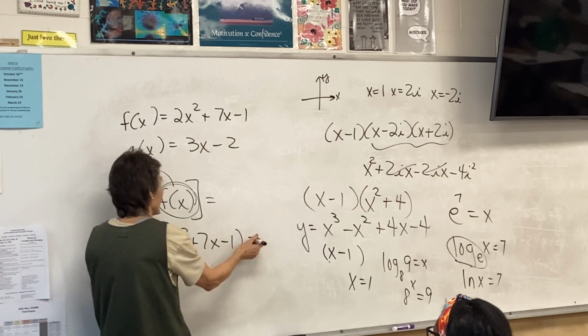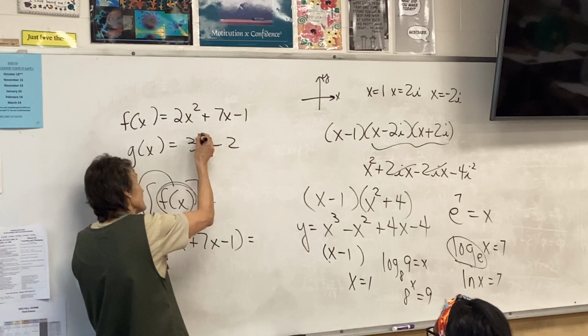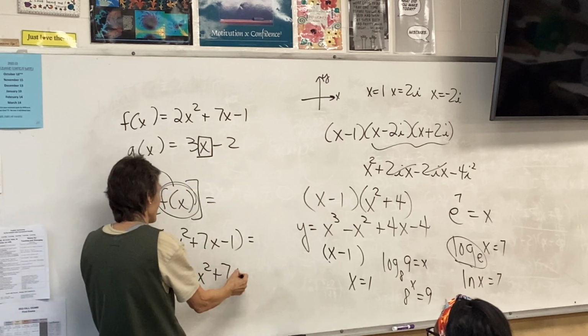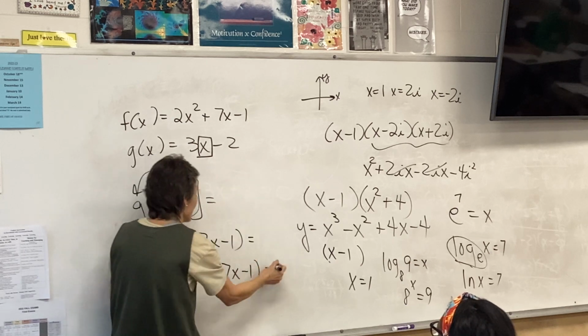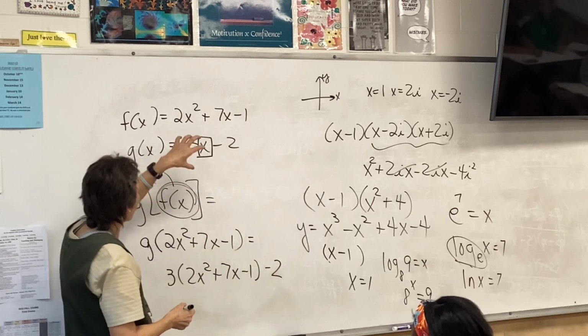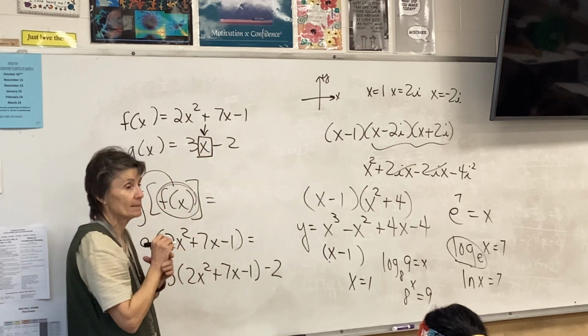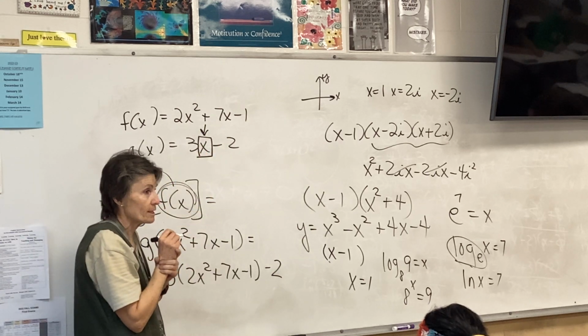So I'm going to plug that right here into g. So 3 times 2x squared plus 7x minus 1 minus 2. I took the f function and I plugged it in to g.